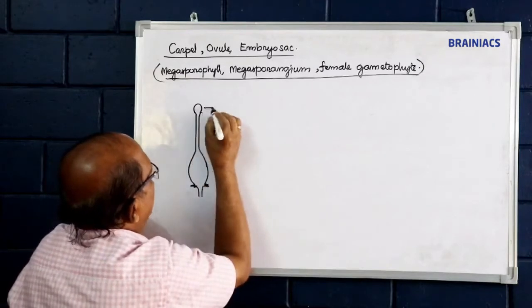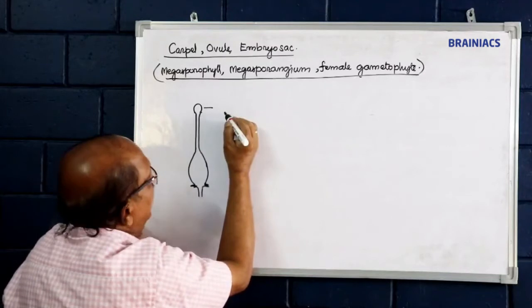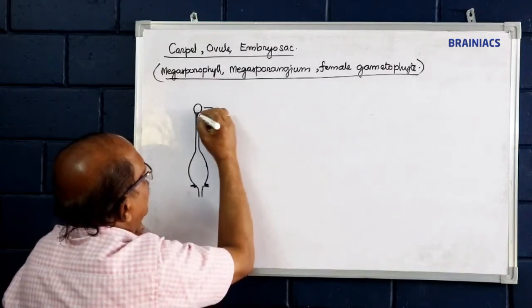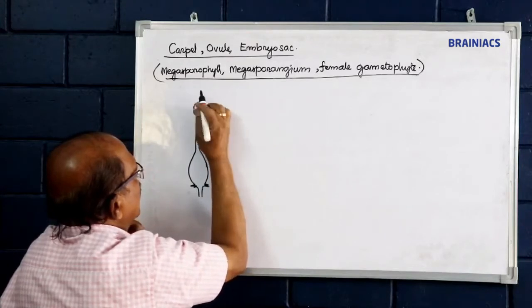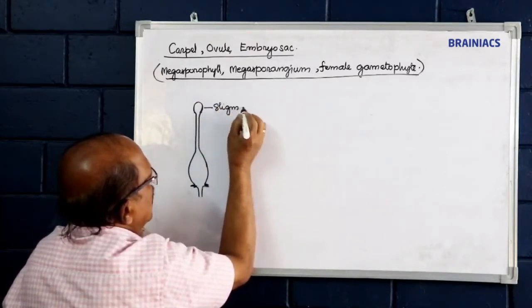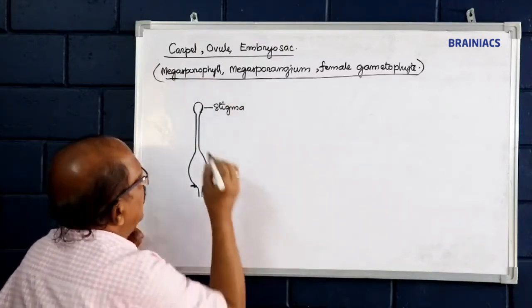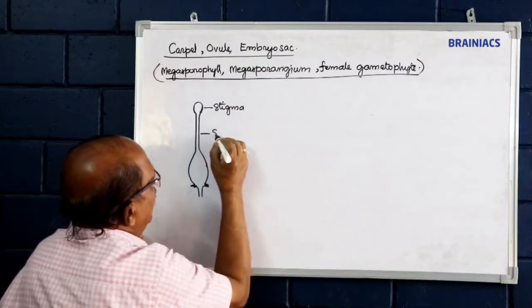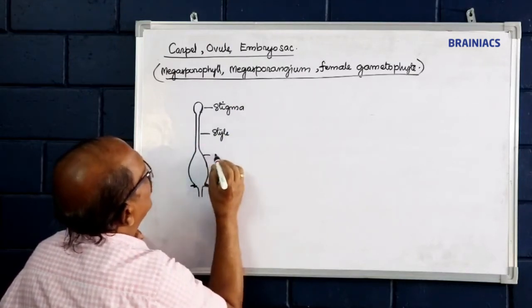Each carpel contains a solid free end which is called stigma, and a slender style and a swollen ovary.